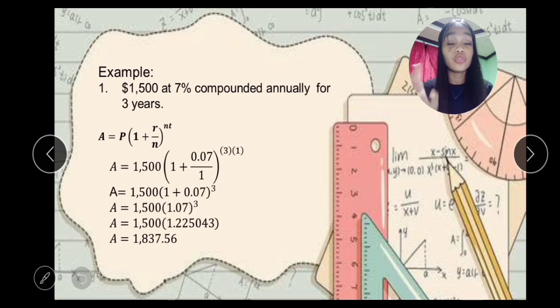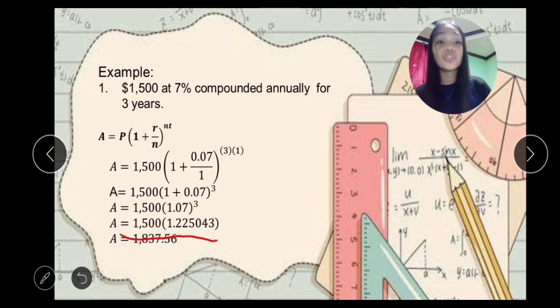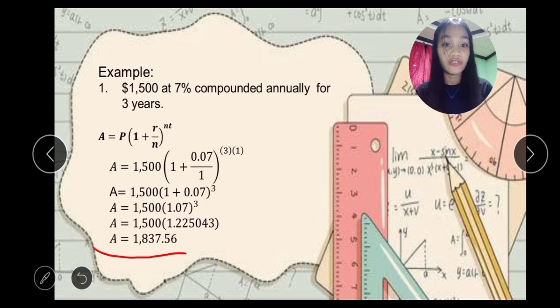The last thing we need to do is multiply 1,500 by 1.225043, and the result is 1,837.56. So our amount, our compounded interest in 3 years, is 1,837.56. So that's it. Another example naman tayo.